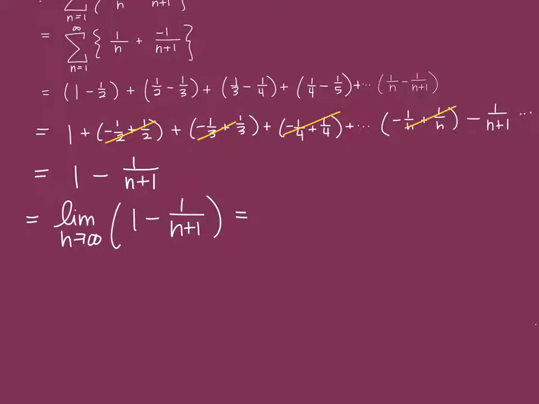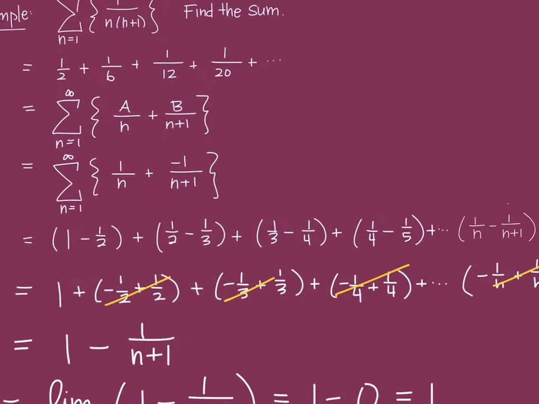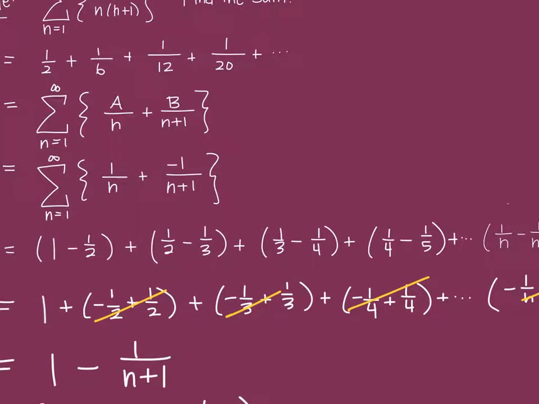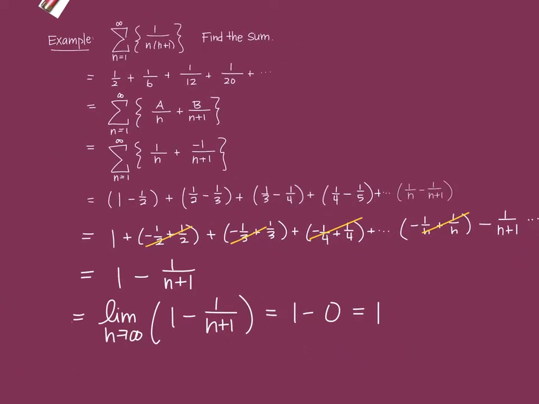When you plug infinity in there, we get 1 minus 0, or 1. In other words, think back to the original terms: 1/2 plus 1/6 plus 1/12 plus 1/20 must also have the same sum, and that sum is 1. That is called a telescoping series.